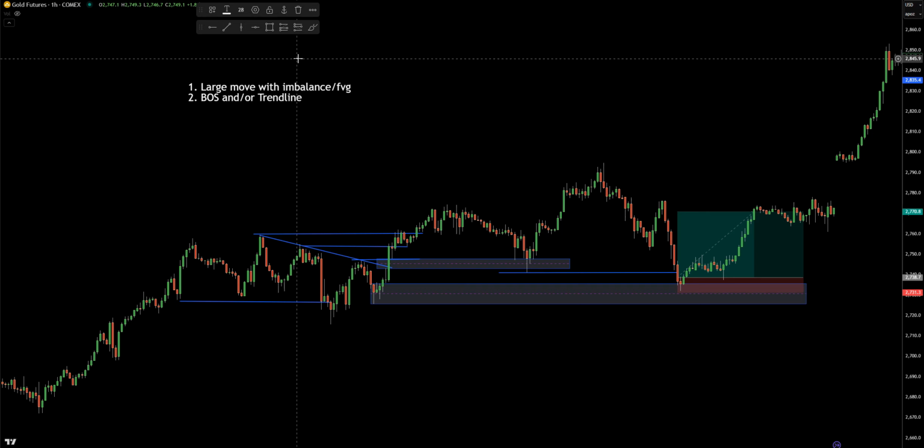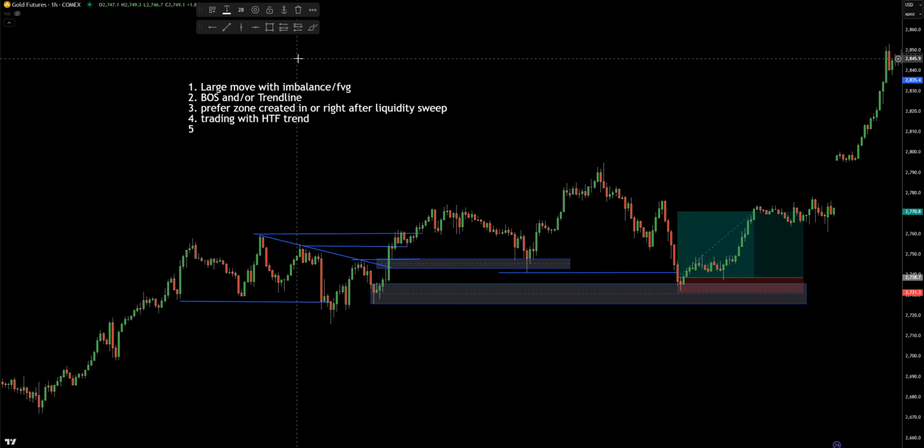Three, you prefer the zone created after a liquidity sweep, trading with the higher time frame trend.